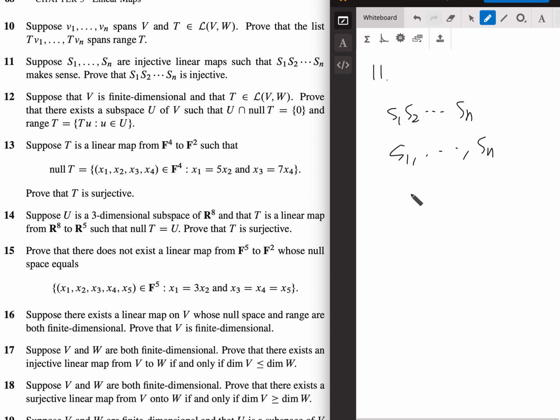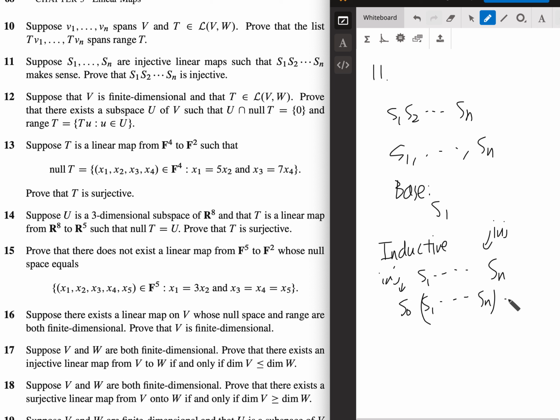So the base case, I think, works very well. For the inductive case, I think what you want to show is, given that you have a set of compositions S1 through Sn, if this thing is injective, you want to show that S0, which is an injective map, composed with S1 through Sn, is also injective.